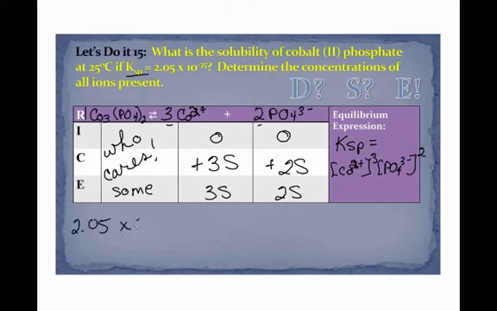So we have 2.05 times 10 to the minus 35 is equal to, now in place of the cobalt, I'm going to put 3S. So that's 3S cubed. In place of the phosphate, I'm going to put 2S, and then I'm going to square that.